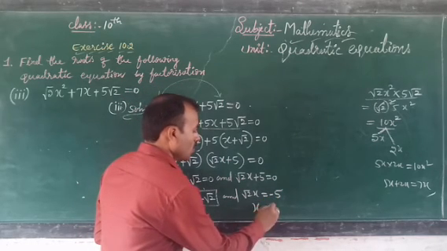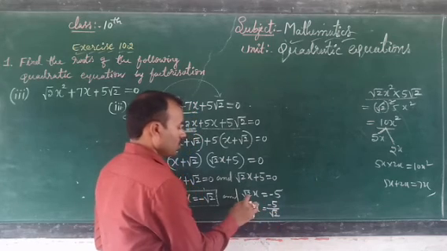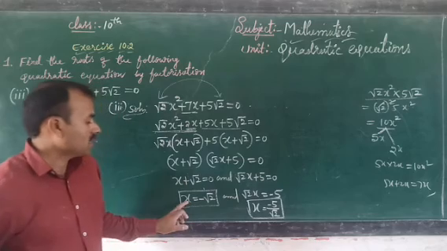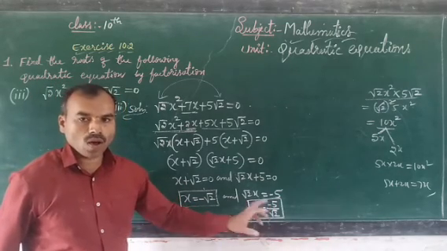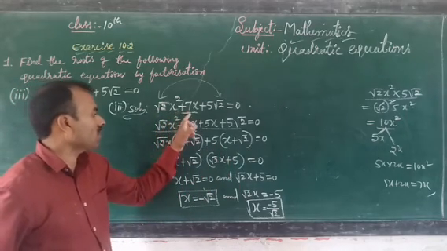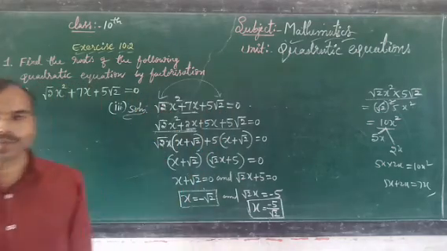So x is equal to minus 5 by root 2. So x equals minus root 2 and x equals minus 5 by root 2 are the roots of the equation root 2x square plus 7x plus 5 root 2 equals 0.